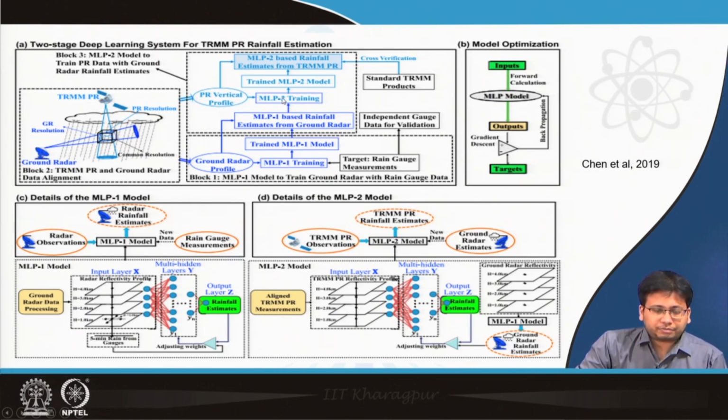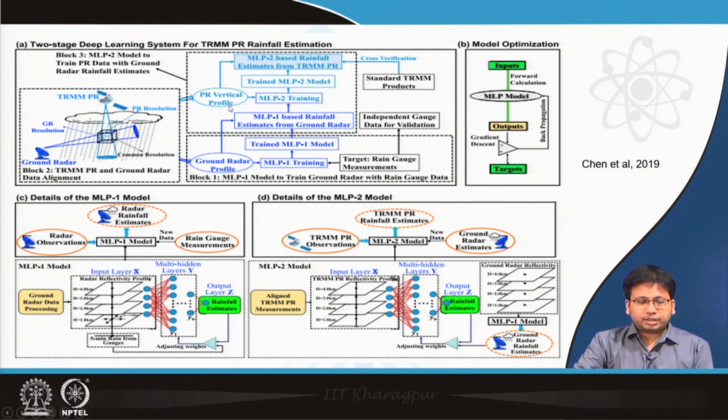Here we have MLP2. Its input is the vertical profile of the rainfall as captured by the spaceborne satellite, in this case TRMM, a very well known satellite which measures precipitation, and it is calibrated against the data obtained from the ground-based radars.